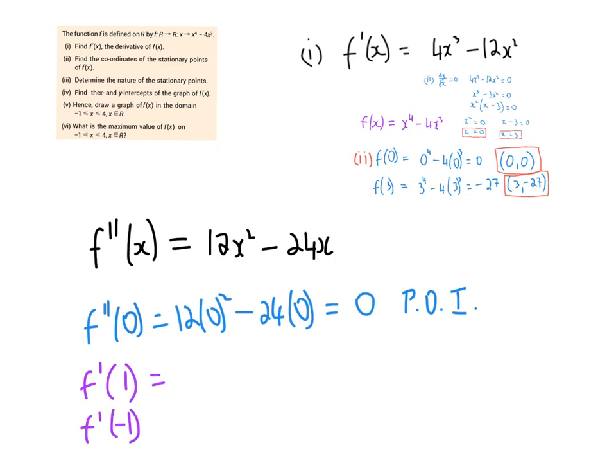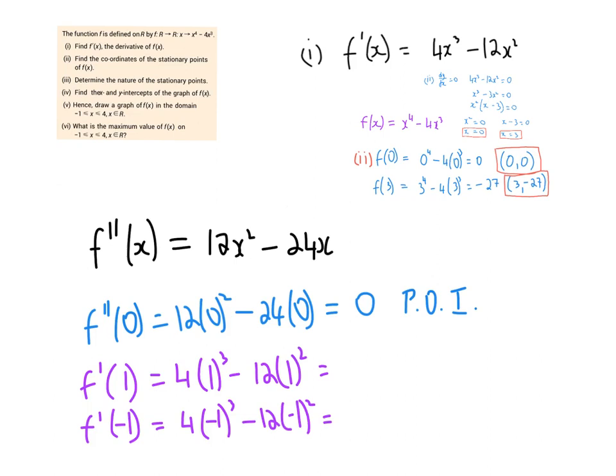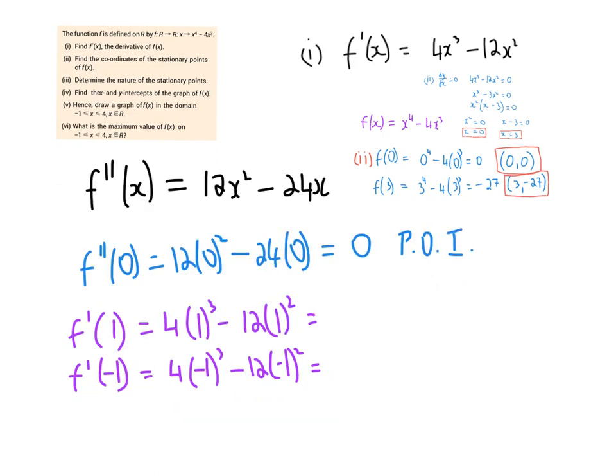So if both of those values give us the same slope, well, f prime of 1 is 4 times 1 cubed minus 12 times 1 squared, and f prime of minus 1 is 4 times minus 1 cubed minus 12 times minus 1 squared, and both of those give us values of 4 minus 12 is minus 8, and minus 4 minus 12 is minus 16.